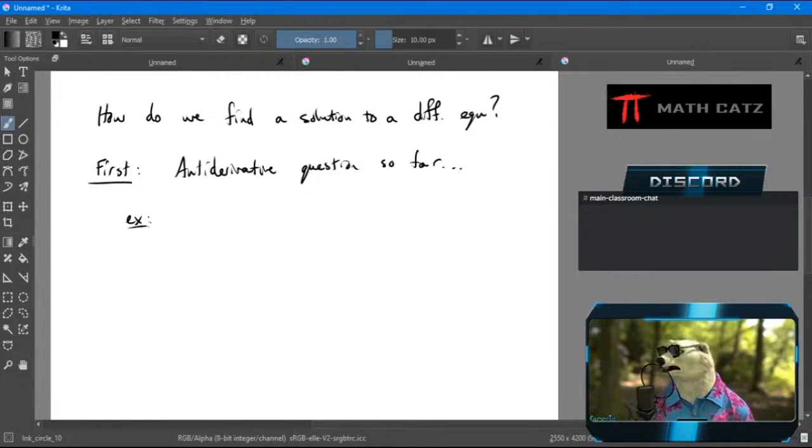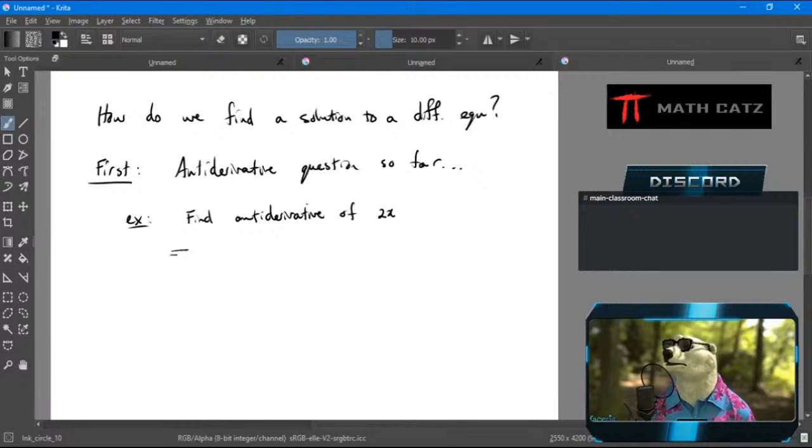For example, I could have said, I'm thinking of a function. Let's say here, find the antiderivative of, let's keep it super simple, 2x. What does that mean?